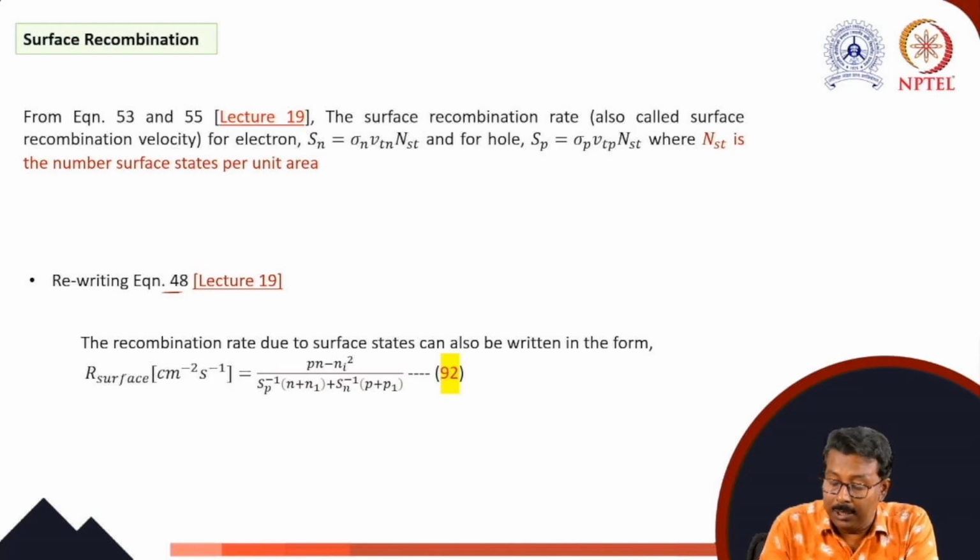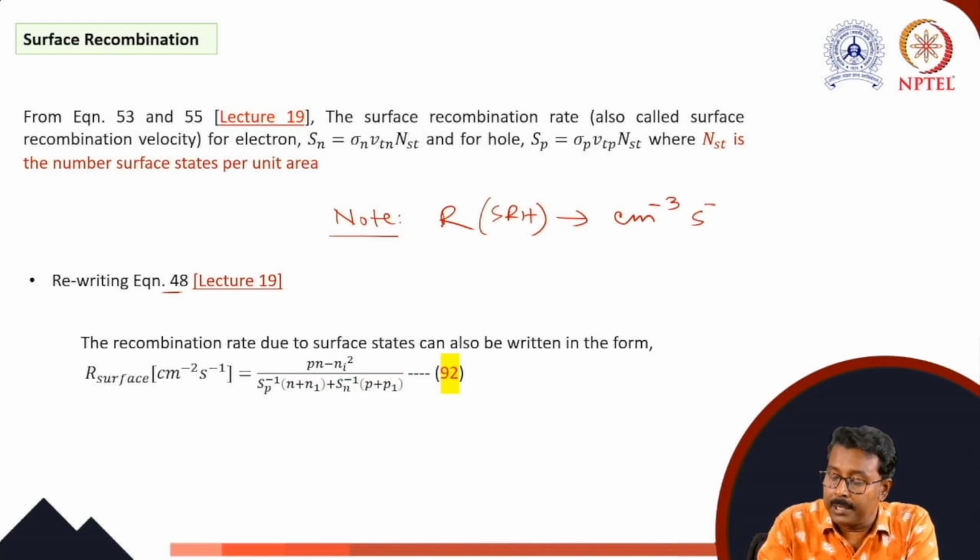But here you may note, R SRH, that unit is per centimeter cube per second. But here for surface it is per centimeter square per second.